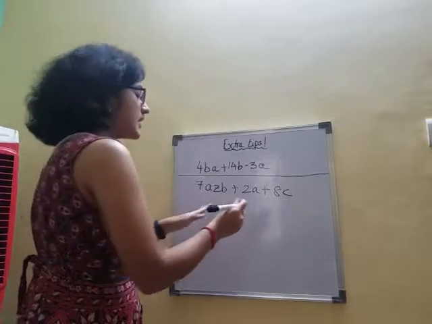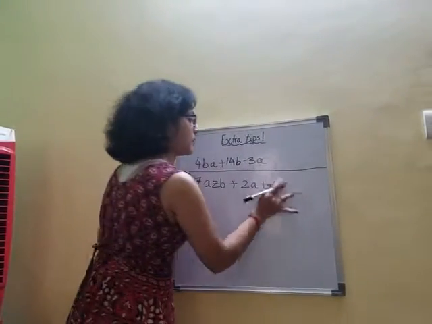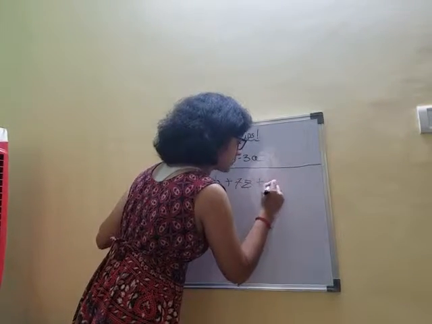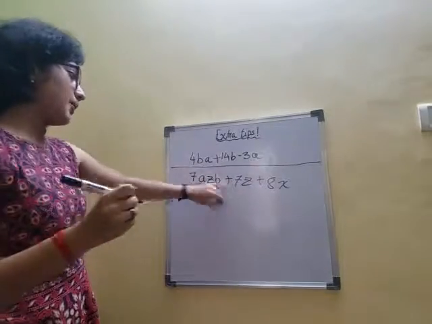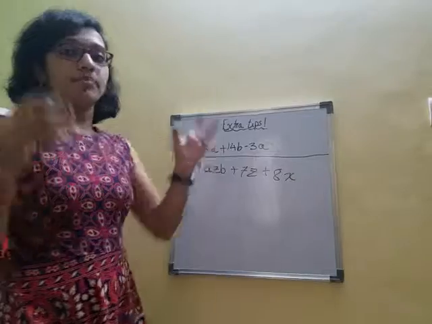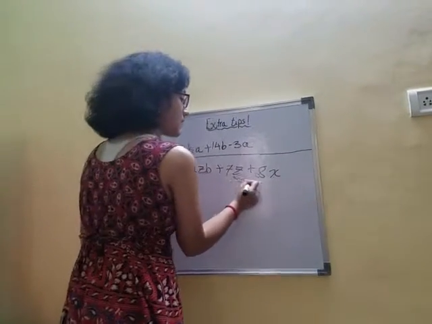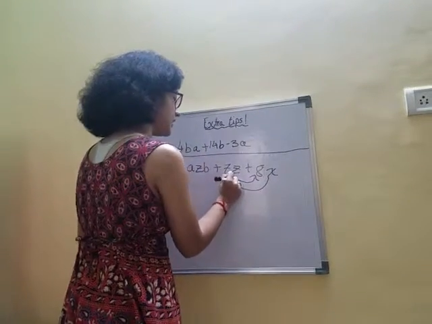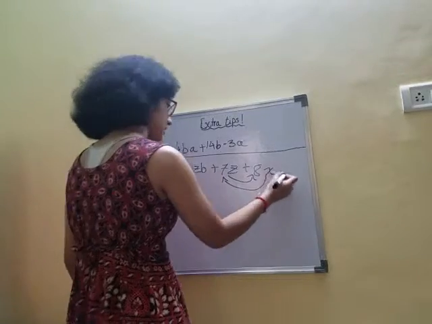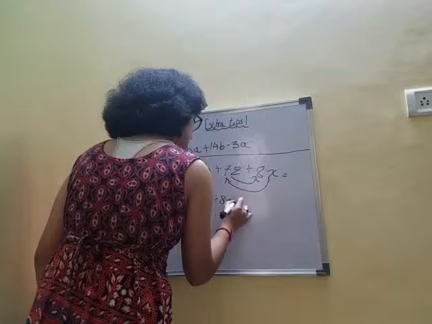Of course these two are actually perfect, but if it was, for example, 7z plus 8x, we have to change these both, but keep this the same, because the more variables a term has, the bigger it seems. So you have to always keep it first. But this you have to switch because after x only x, y, z comes. So we switch this place to equal 7azb plus 8x plus 7c.